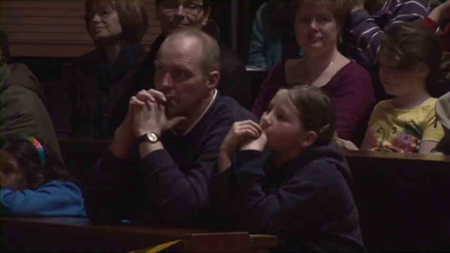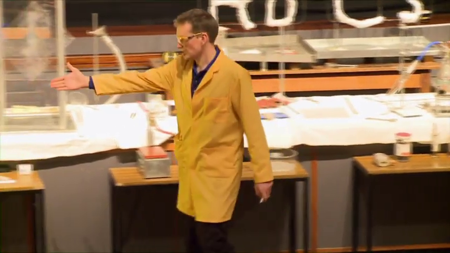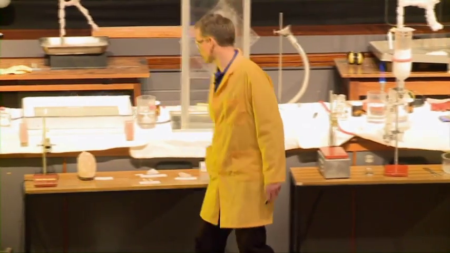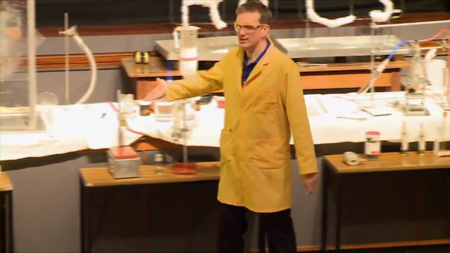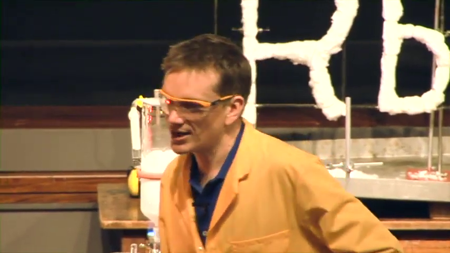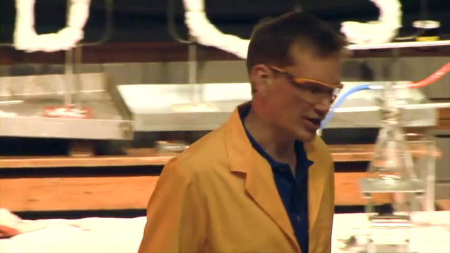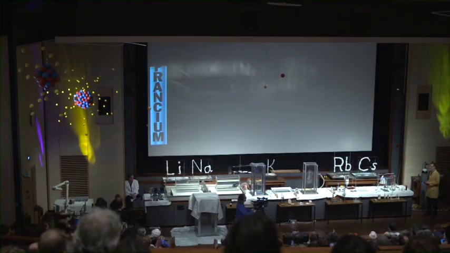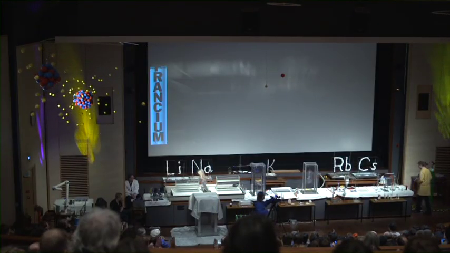OK, so we've seen the lamps here. And we can see that sodium is certainly very useful for lighting our streets, but rubidium really wouldn't be with this rather purple colour. But let's see this in practice now with some chemistry. So we're going to do exactly the same thing now chemically.